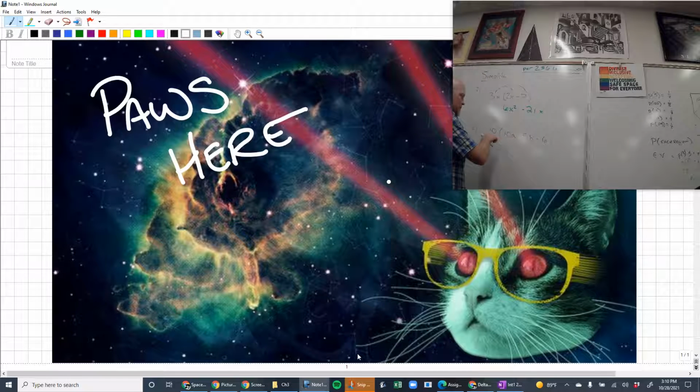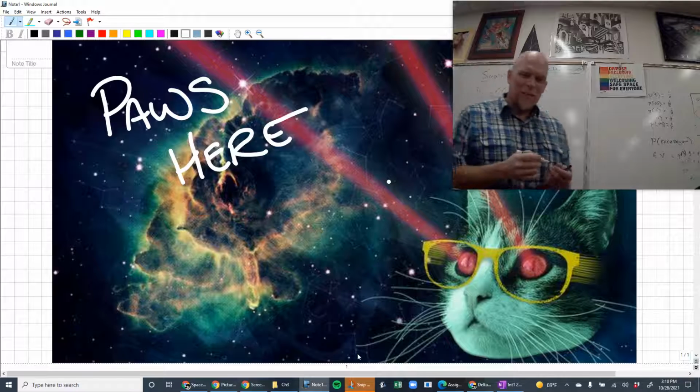For the one on the bottom, bringing in the 10. 10 times 10 is 100. Don't forget about the a. 10 times negative 5 is negative 50b. And 10 times negative 6 is going to give you negative 60. All right, hopefully that helped you out.